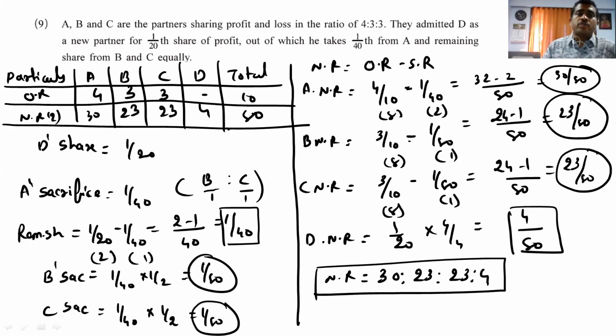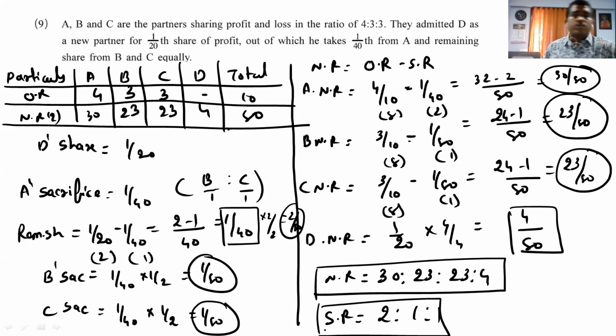The sacrifice ratio is 1 by 40, 1 by 80 and 1 by 80. If we want to convert this, we have to multiply by 2. You are getting it? Multiply by 2. So it comes 2 by 80. So our sacrifice ratio also will come 2 is to 1 is to 1.